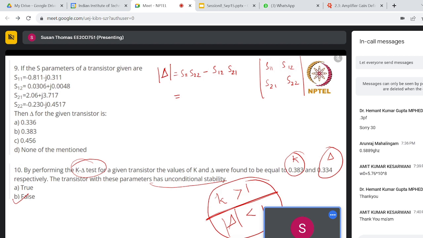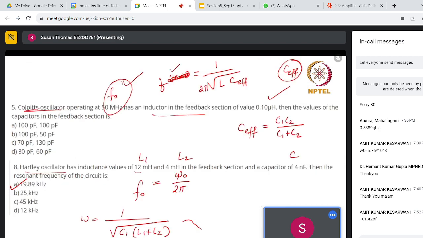Yes, ma'am. Okay, so the effective capacitance is 100. Take it as 100 picofarad for ease. So to get that, what should be the choice of C1 and C2?